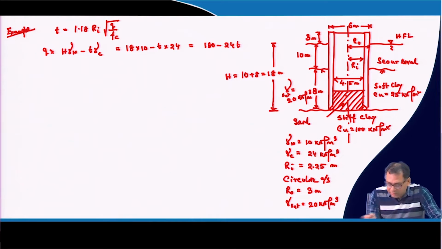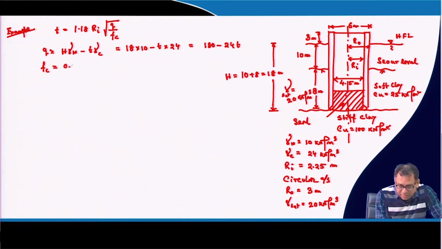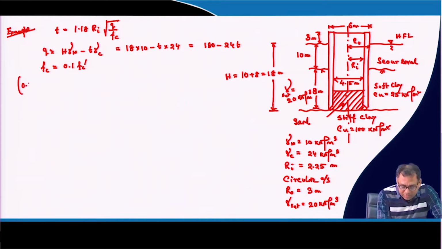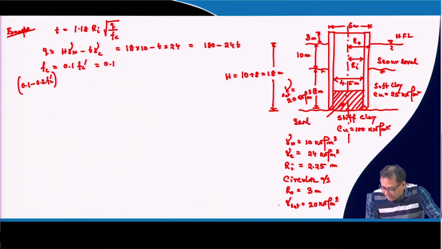This 24 is the unit weight of concrete, and then Fc we have taken as 0.1 Fc dash, because the range is 0.1 to 0.2 Fc dash. So, we have taken 0.1 Fc dash. The 28 days compressive strength of the concrete is known, and that is 20 MPa.